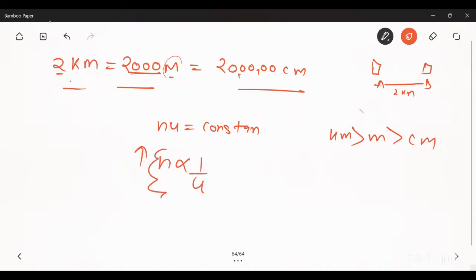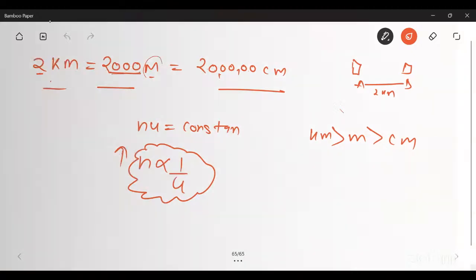So numerical value is inversely proportional to the unit: the greater the unit, the lesser the numerical value, and the lesser the unit, the greater the numerical value. That was also your principle of homogeneity. In the next topic, you will learn about the principle of homogeneity and questions based on it.